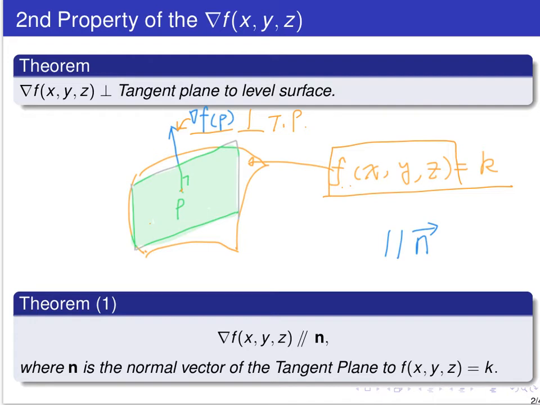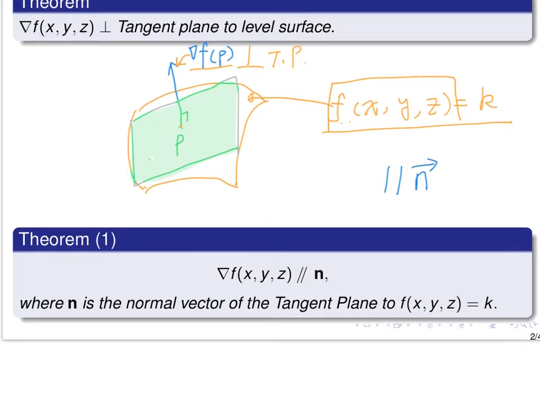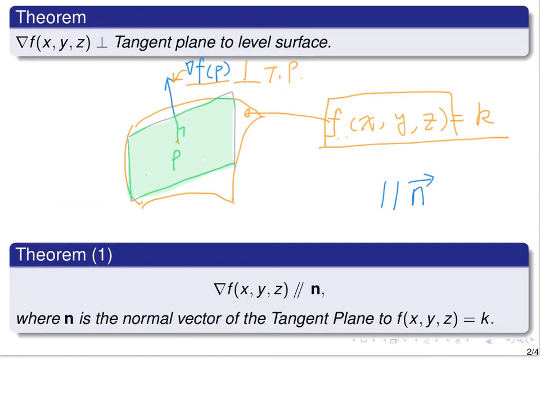Or in other words, you can see that this gradient vector can serve as the normal vector of this green tangent plane.